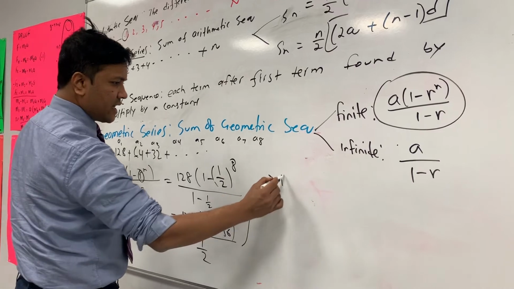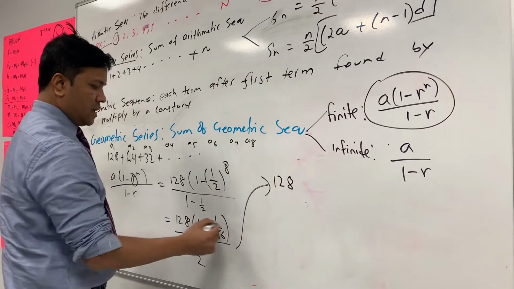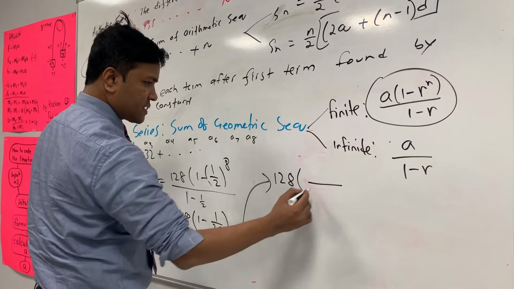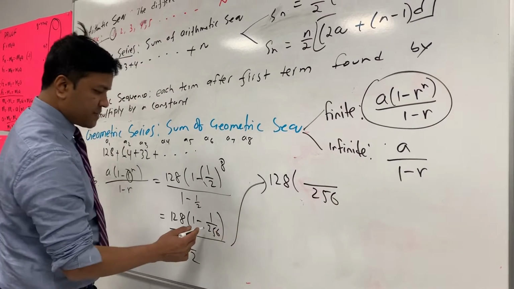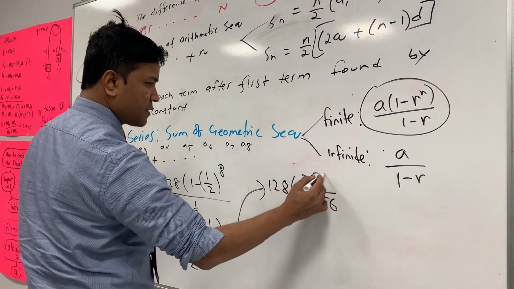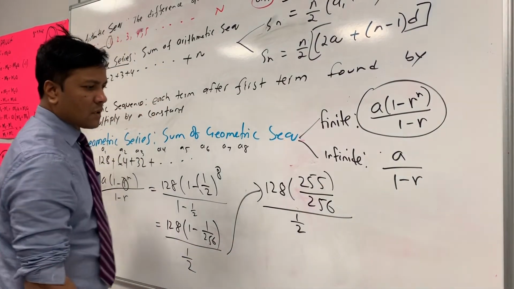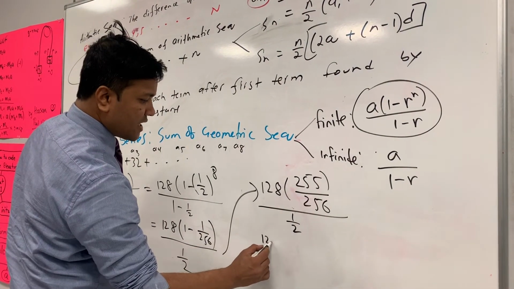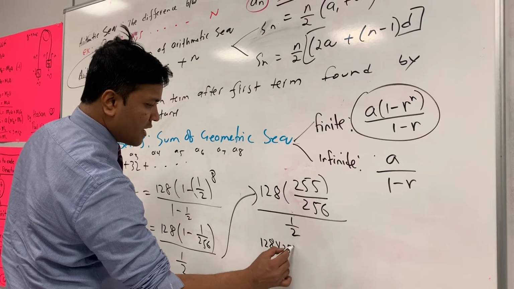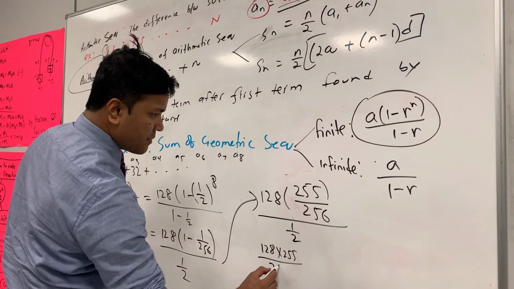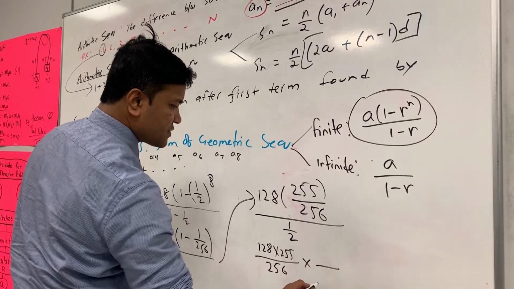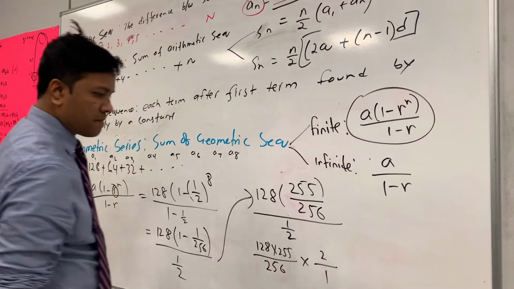So 128, 256 minus 1, 255 over half. So let's do it. 128 times 255 divided by 256 times 2 over 1.